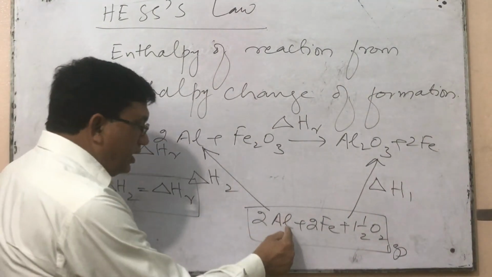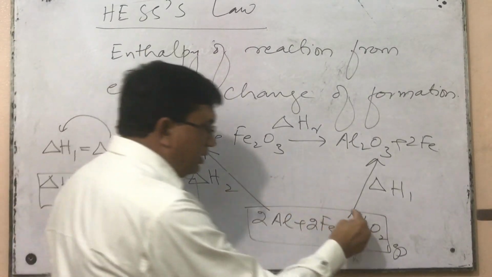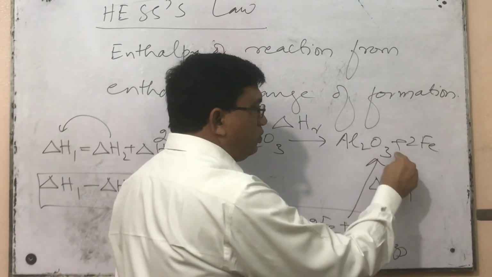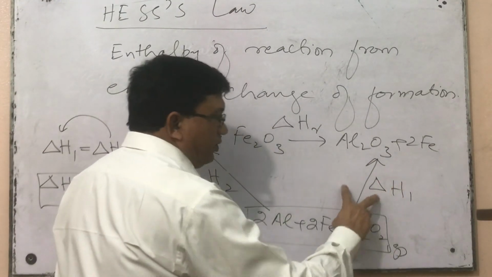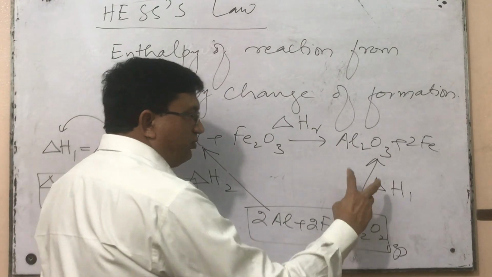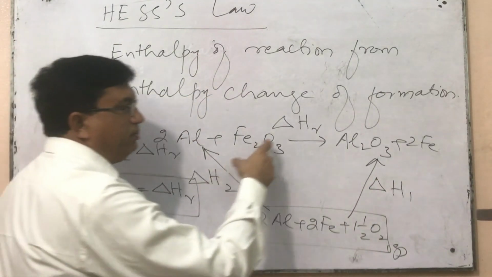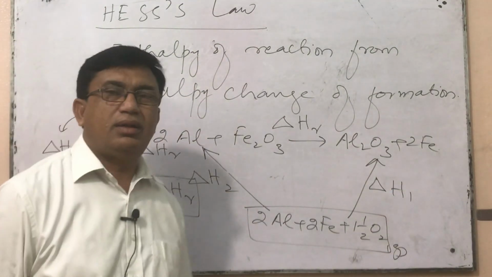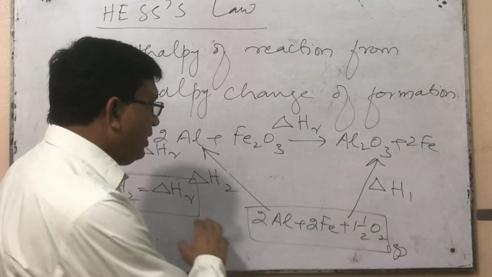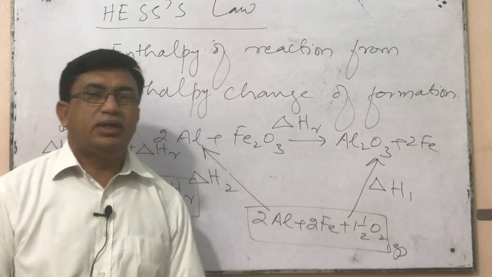That's why the enthalpy change of formation of Fe2O3 will be written here, and enthalpy change of formation of Al2O3 will be written here. Automatically, because this is a direct route, from this value, the value of the indirect enthalpy route will be subtracted, and automatically we will get the required answer. And that enthalpy change will be equal to the enthalpy change of reaction.